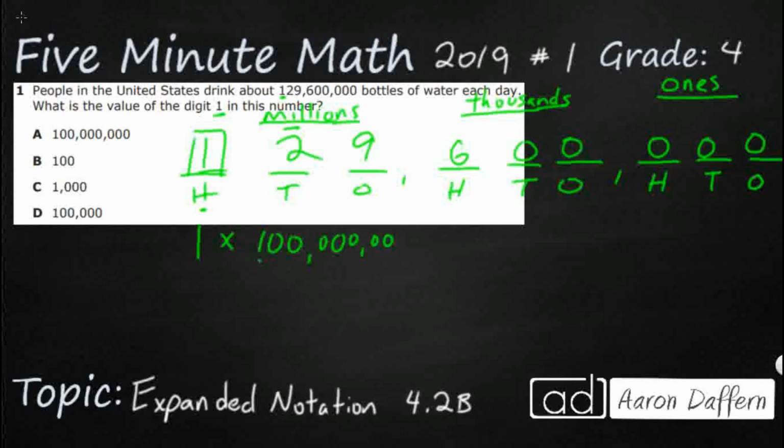And then we could just do that as a multiplication problem, but realize that anything times 1 is itself. So 1 times 100 million is simply going to be 100 million. There's also a shortcut way to do that: you just take the digit 1, and then you count how many places are behind the 1. 1, 2, 3, 4, 5, 6, 7, 8.